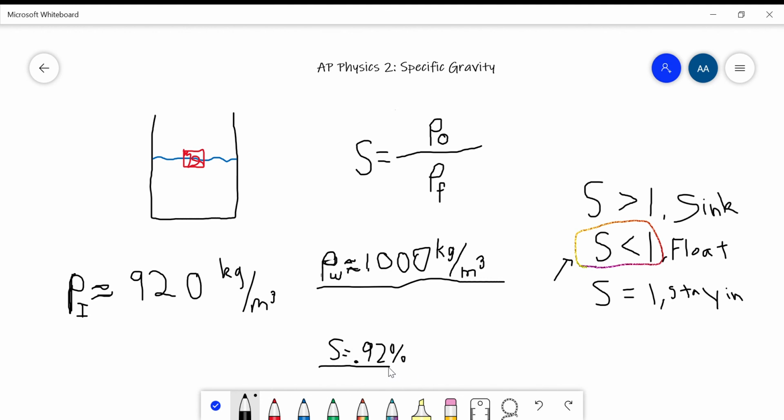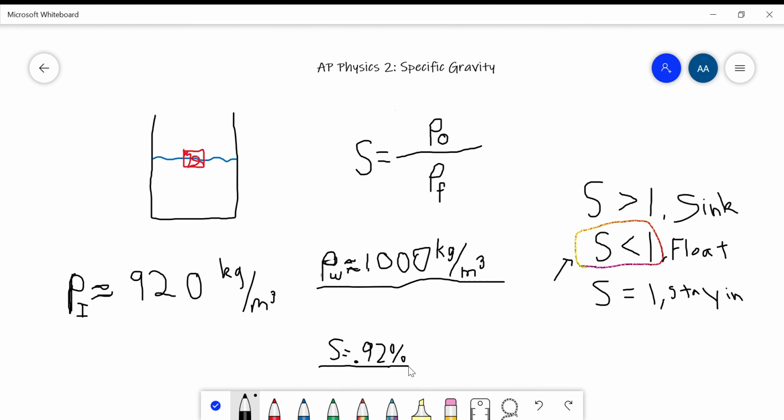So with this, you can determine, let's say I drop an ice cube, 92% of that ice cube is going to be below the surface of the water. The remaining 8% is going to be above the water. You can determine this not just for ice, but for any object. Let's say a block of wood has a density of 750 kilograms per meter cubed.